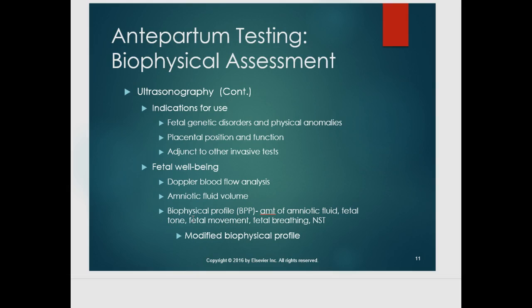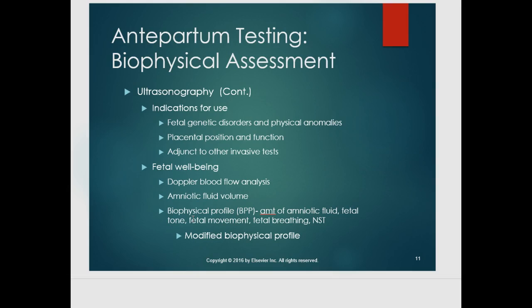Fetal tone, we do not want a hypoxic, hypotonic, flaccid baby. We want a well-flexed, good toned baby. We monitor for fetal movement. We look inside and see if the baby's moving. And then we also look for fetal breathing in the biophysical profile. So those are the 4 parameters that we use to look at.